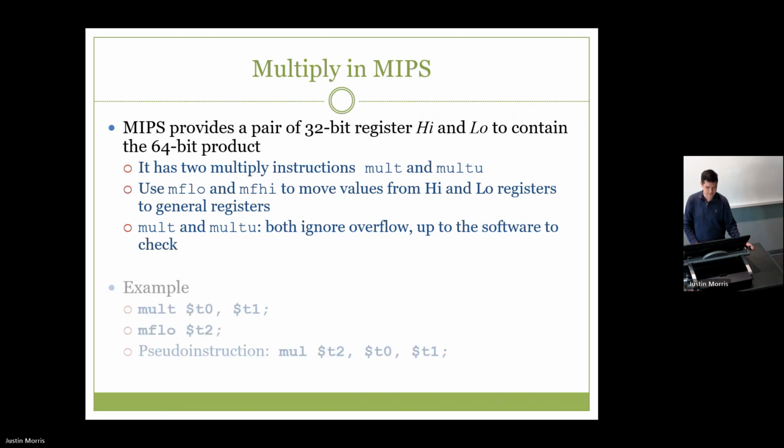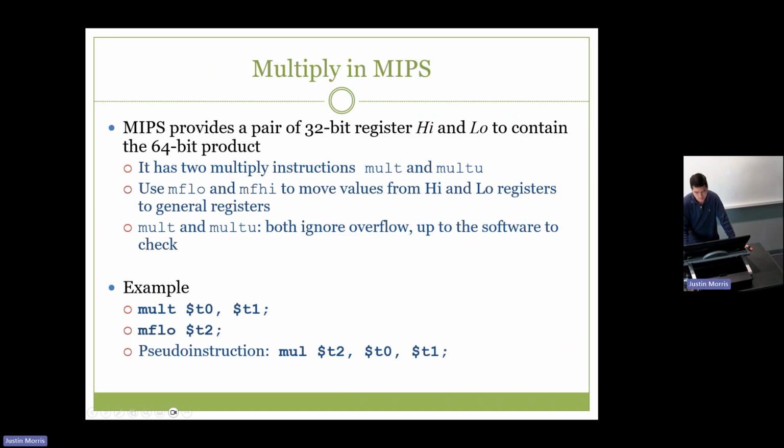Okay. So here's the example. You would do mult t0, t1. And the result goes into the high and low registers. That's why there's no rd. And then if you know that you only need the bottom bits because you're not multiplying numbers that are too large, you can just load the lower bits into t2.